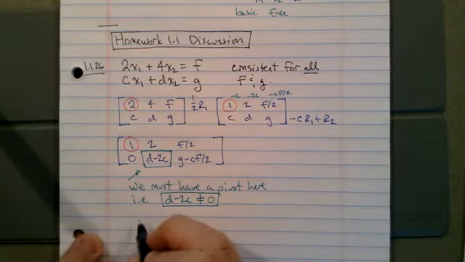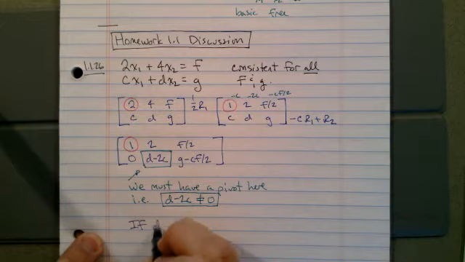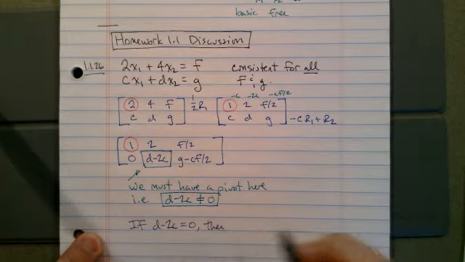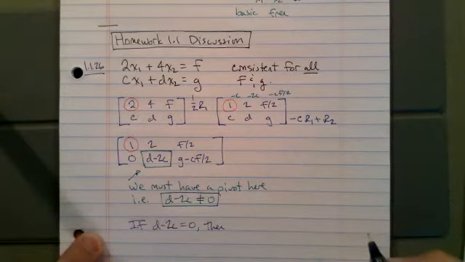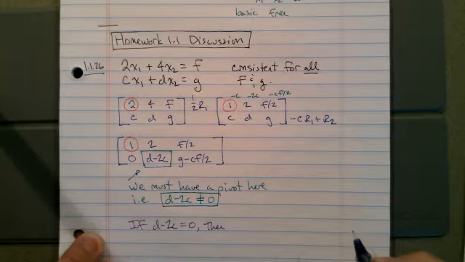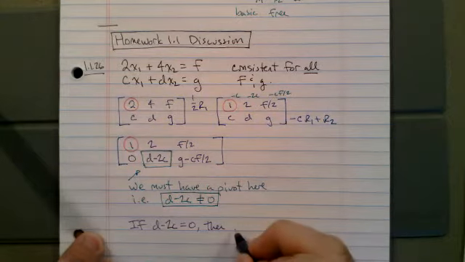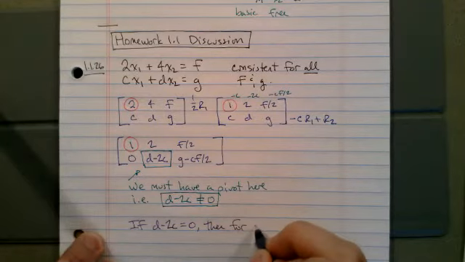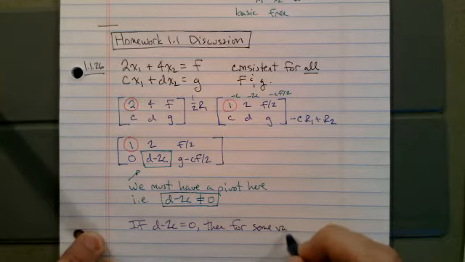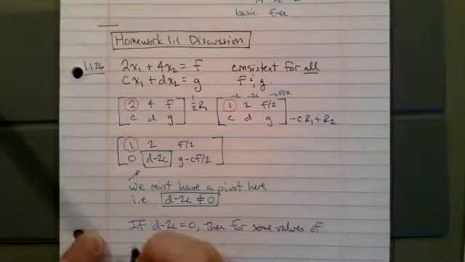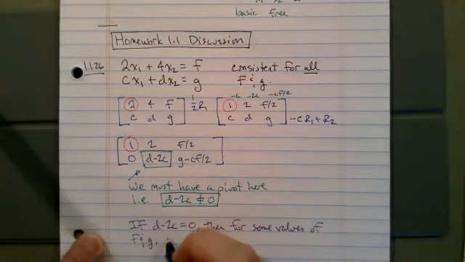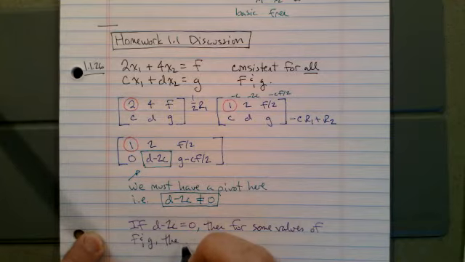If d minus 2c is equal to 0, then there might be a pivot in the rightmost column of the augmented matrix. Then for some values of f and g, there is a pivot in the rightmost column of the augmented matrix.